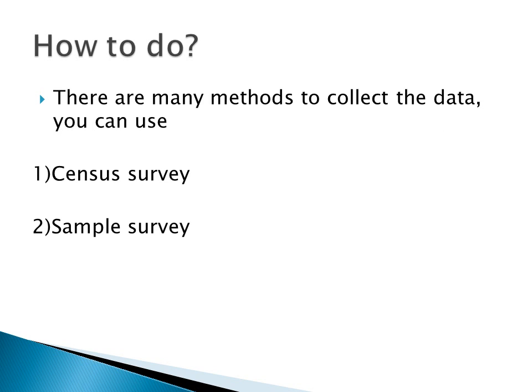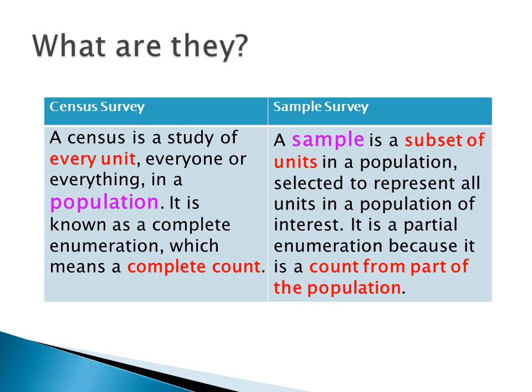There are several methods to collect data. You can use census or you can use sample. For the census survey, it means that we need to study every unit, everyone, or everything in the population, such that we can have a whole picture of everyone's favorites.